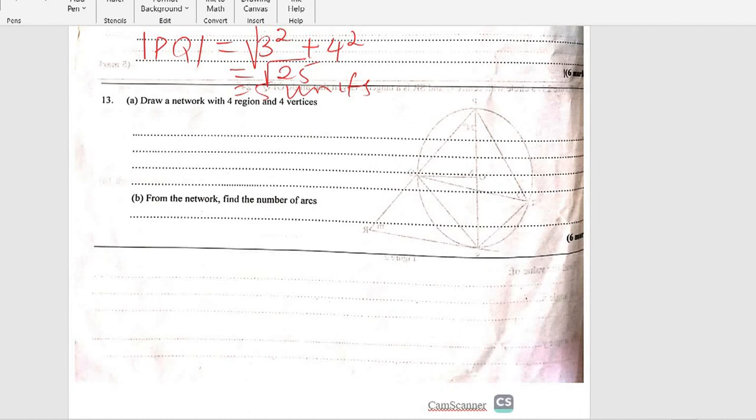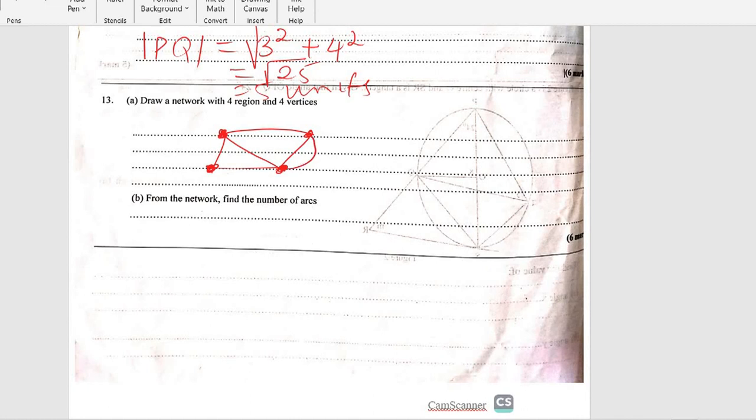Vertices or the nodes. Now, to form our network that's having 4 nodes, you can have this, you link them, and having how many regions? 4 regions. Okay, you can link them.